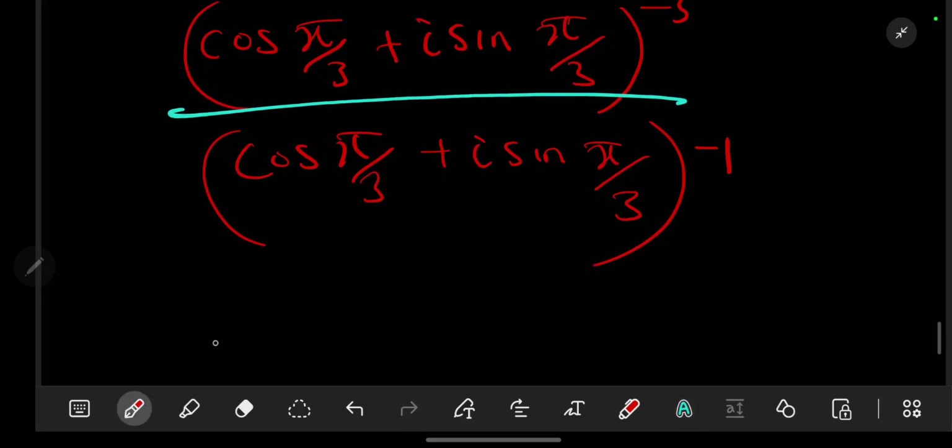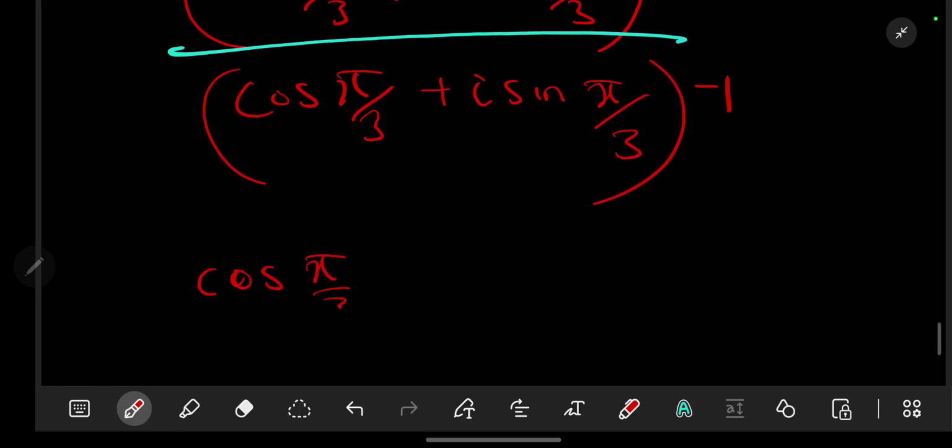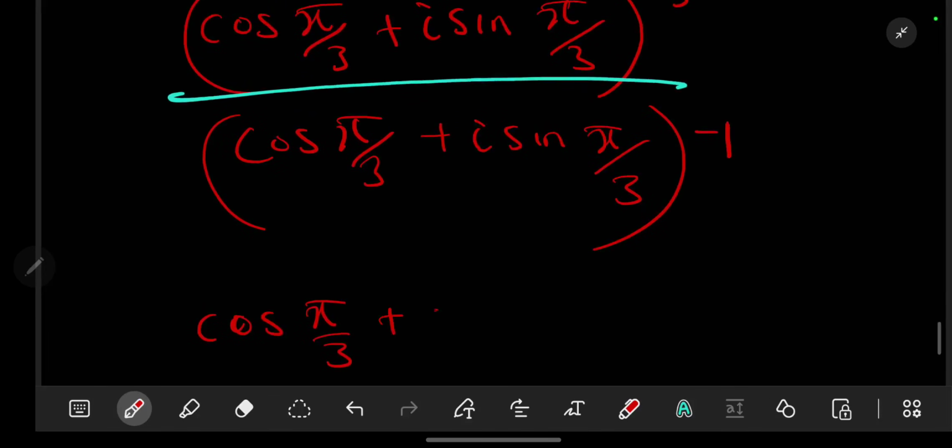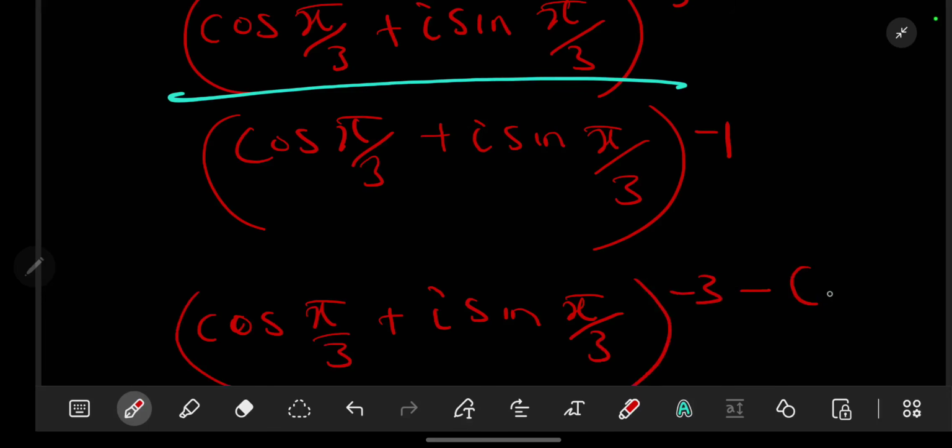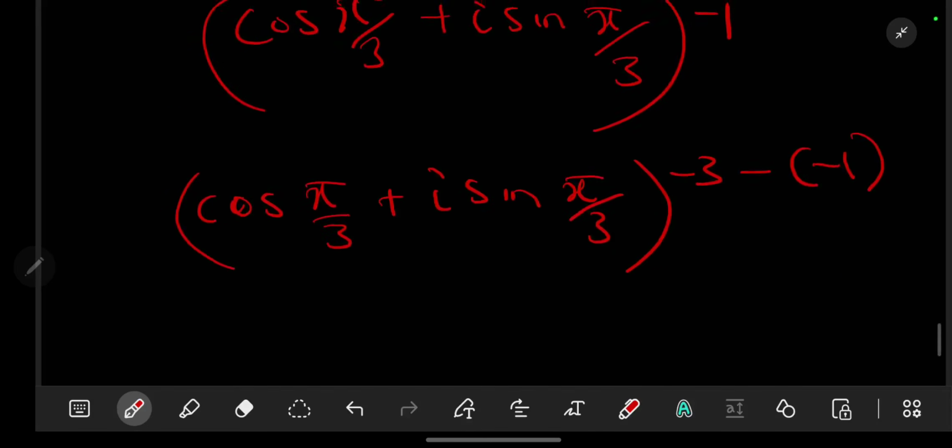So this gives us cos of pi/3 plus i sine of pi/3. We have -3 minus, then we have a -1. Just be careful there.